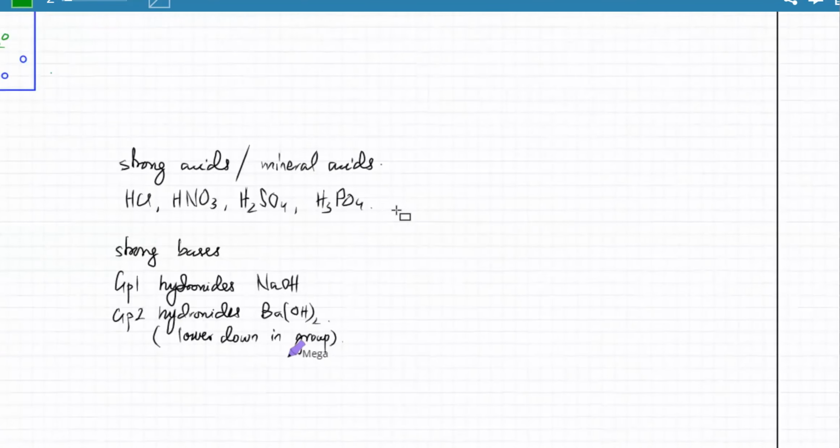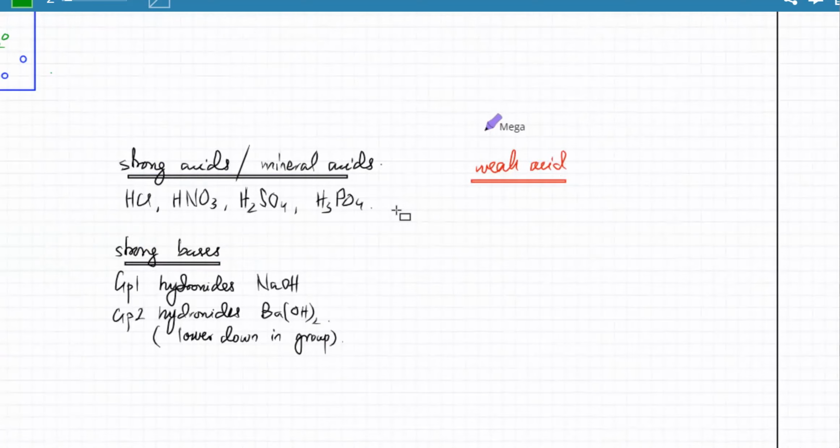So what about weak acids and weak bases? The strong acids are done, you've got your strong bases. So identifying weak acids is very, very simple. Who's your weak acid? It's anything that has carbon in it. Organic acids, which contain carbon.